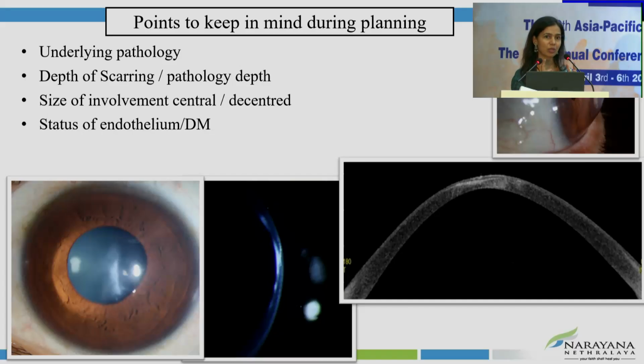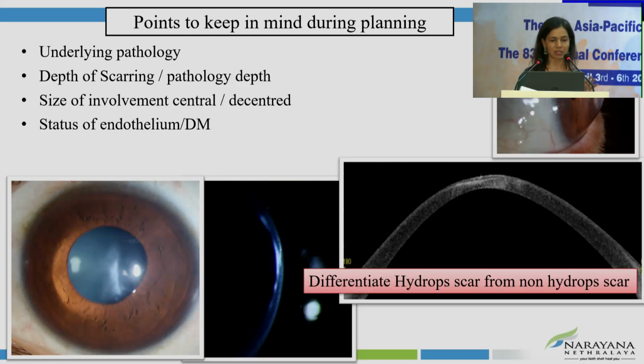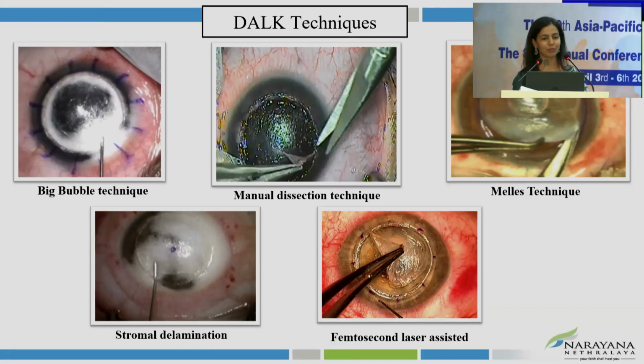It's important to assess the scar on the slit lamp, or if you have access to an anterior segment OCT, because your planning and the type of technique you use for the DALK would change. Of course, you're looking at the size of involvement, whether it's centered or decentered, and the status of the endothelium and the DM. Very important to differentiate a hydrops from a non-hydrops scar, because the technique you use would again change, and I'll be discussing that.